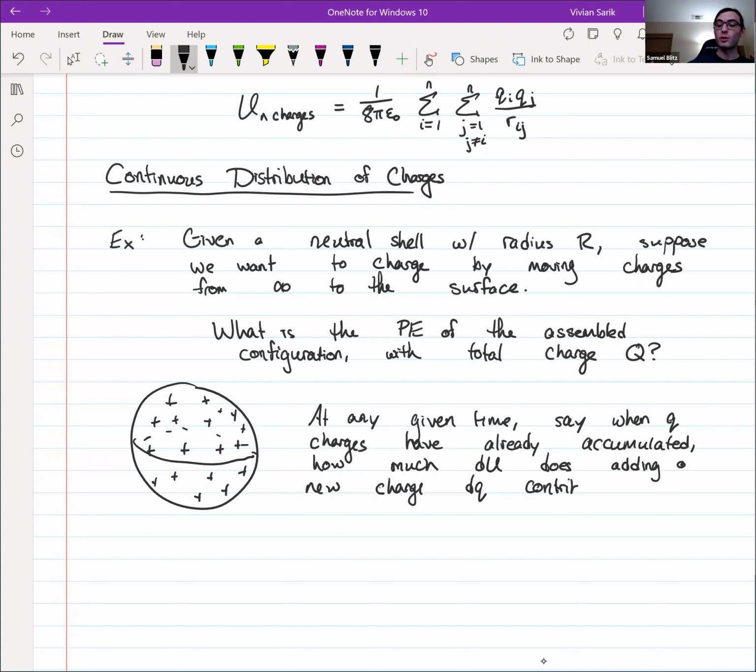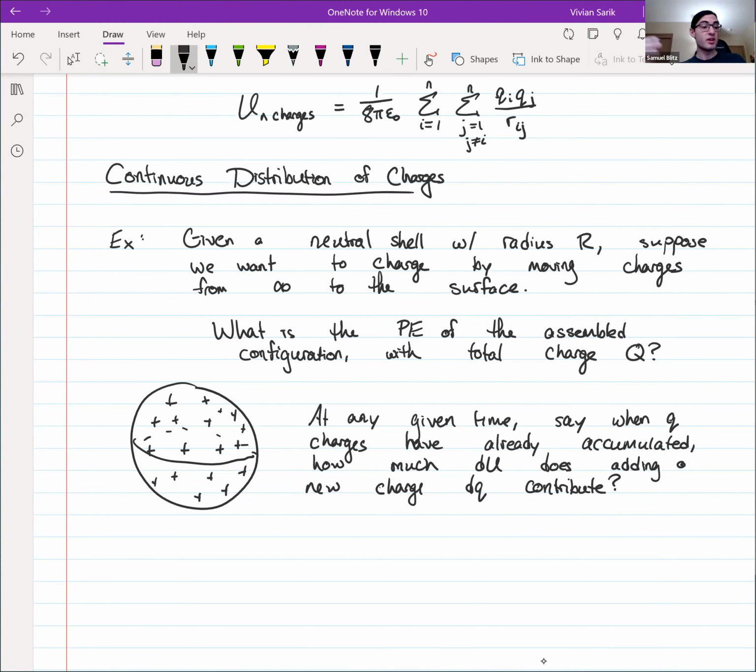That's what we're trying to answer, right? We want to know, if you have some amount of charge already, how much does adding just a teensy little tiny baby charge from infinity to the big conglomeration, how much more potential energy does the system gain? And then we're going to integrate all of that, right?